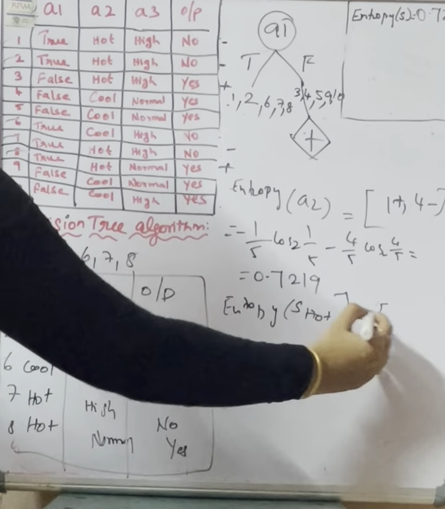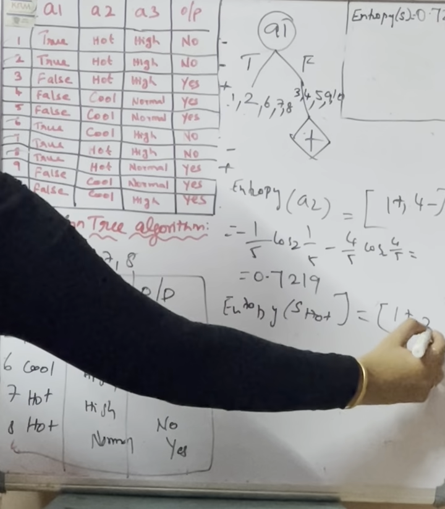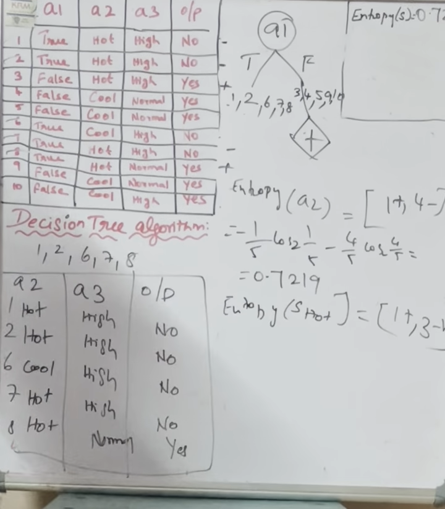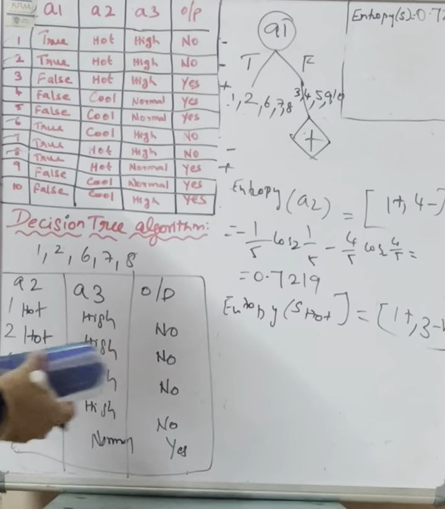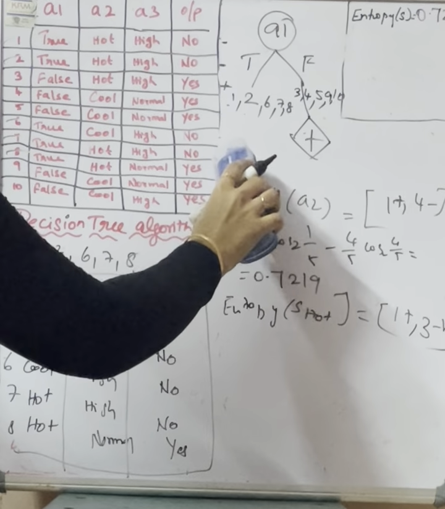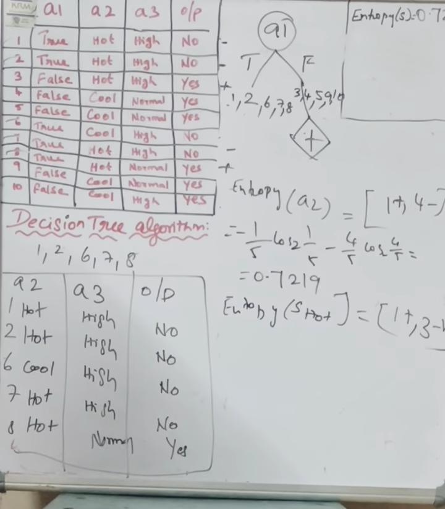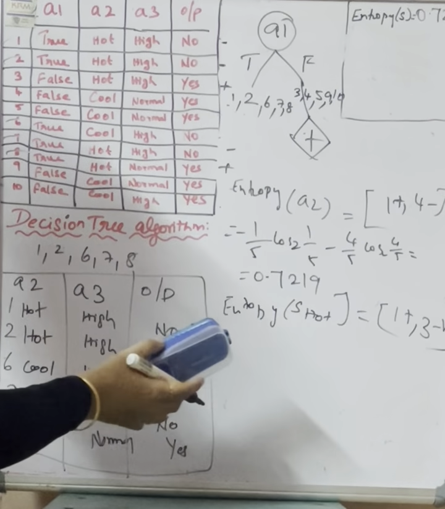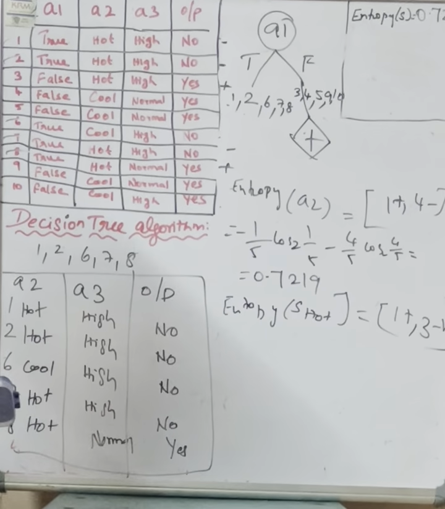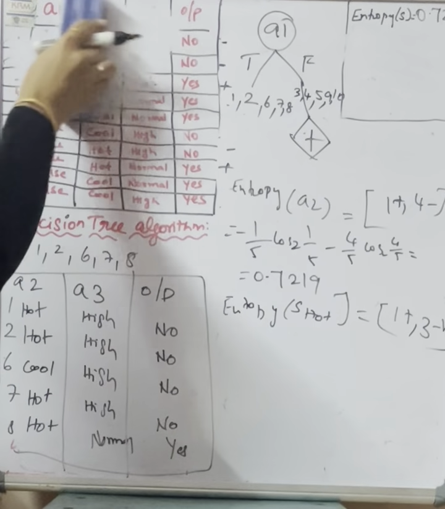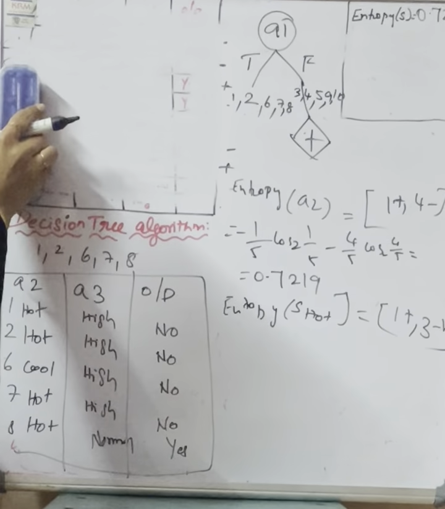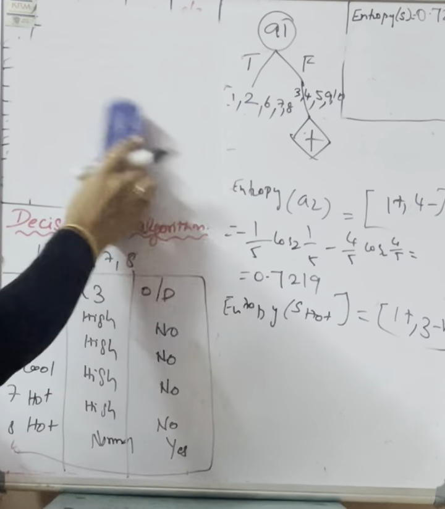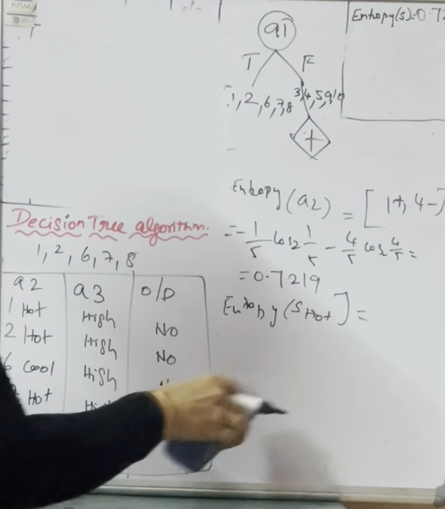So we have 1 positive and 3 negative. We should not consider this, we have to consider only this table. It is quite confusing, so we will erase this so that it is easy for us.